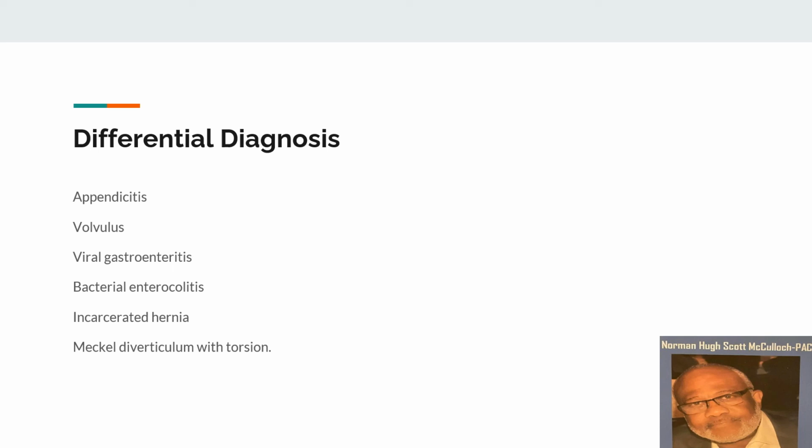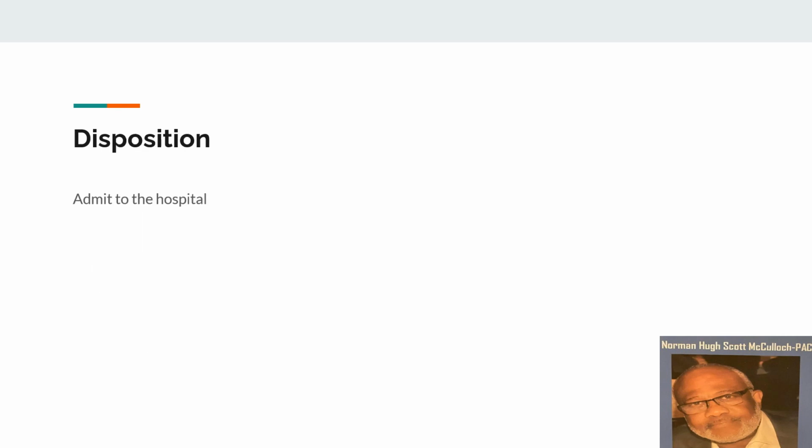The following should also be considered: appendicitis, volvulus, viral gastroenteritis, bacterial enterocolitis, incarcerated hernia, and Meckel diverticulum with torsion. The disposition of these patients with intussusception should be admission to the hospital.